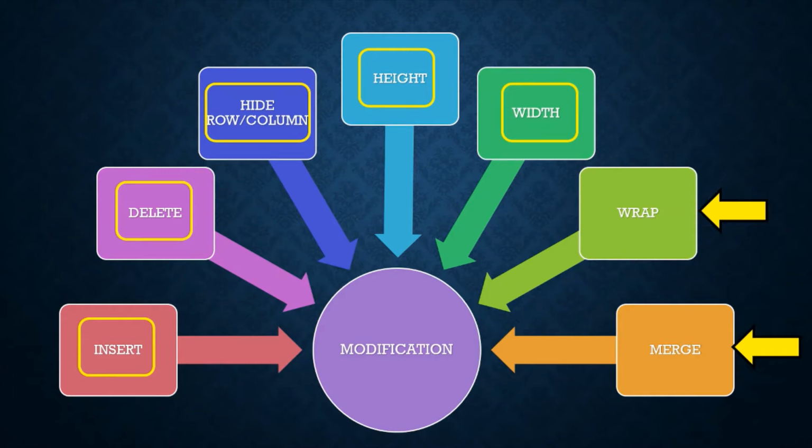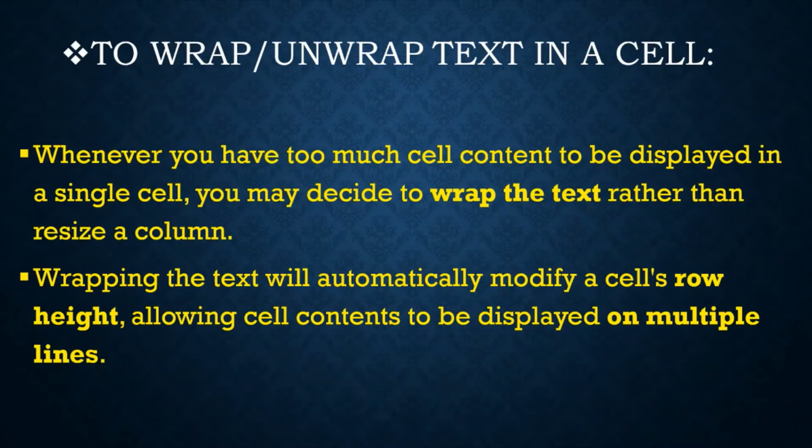So let's start with the first, how to wrap and unwrap text in a cell. Now let's understand first what is wrap and unwrap. Whenever you have a lot of cell content to be displayed in a single cell, you may decide to wrap the text rather than resize a column.